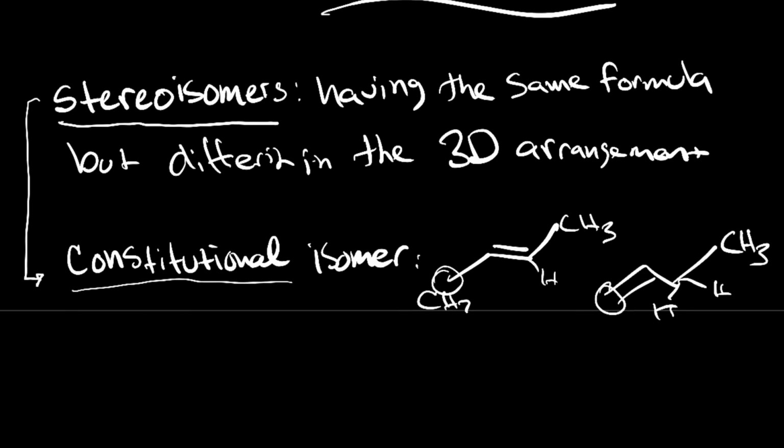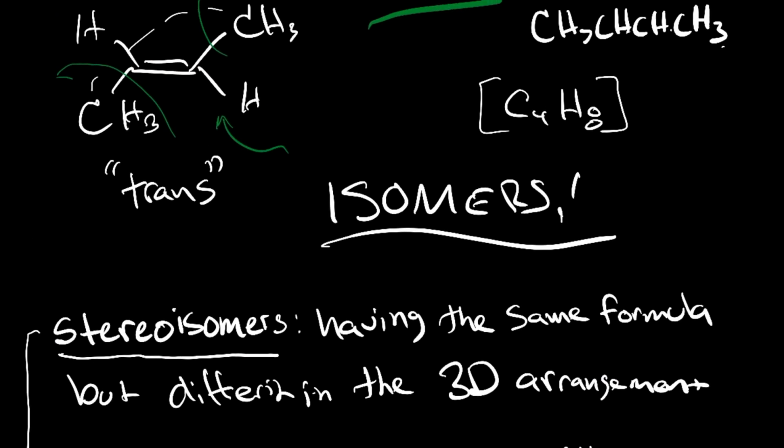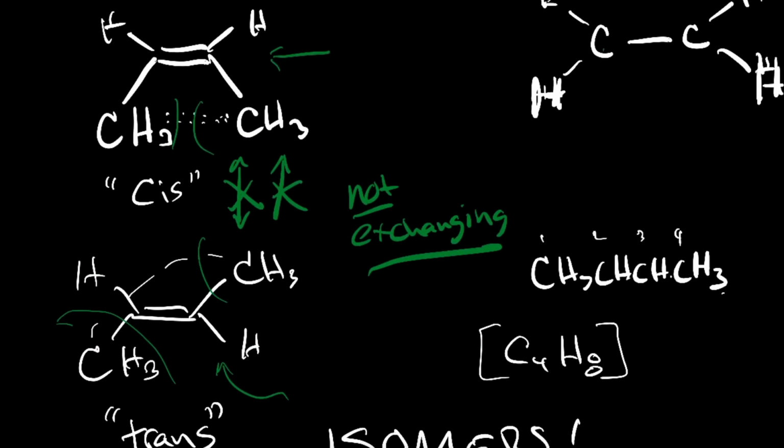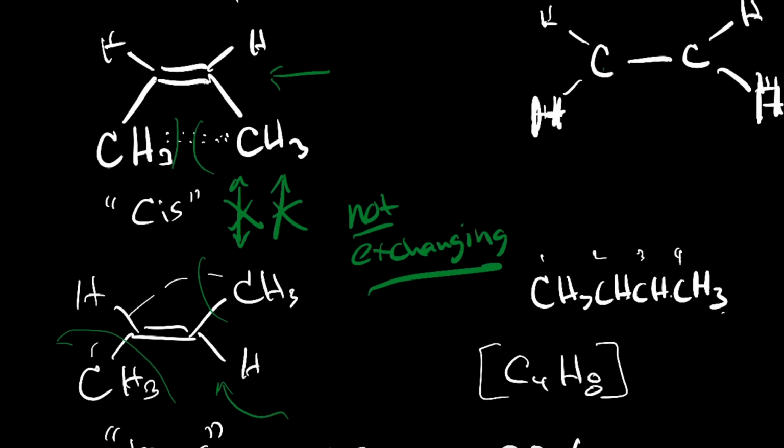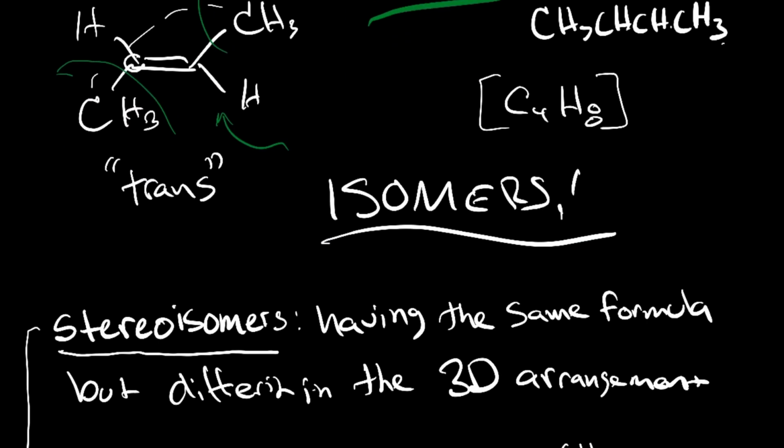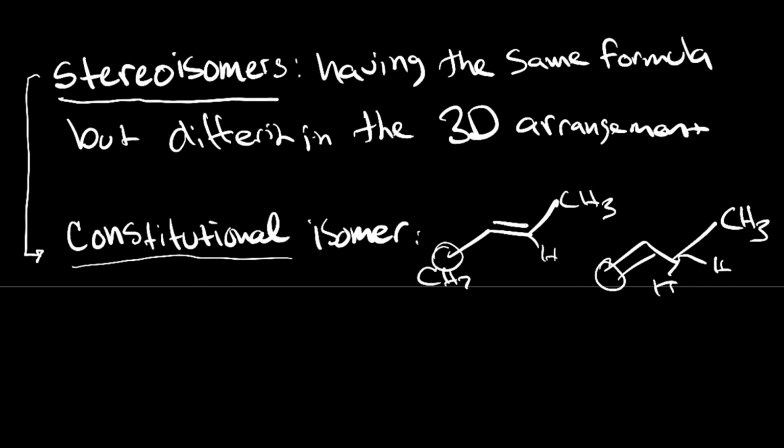In a stereoisomer, every carbon has the same number of constituents. This carbon still has one hydrogen and one carbon attached to it, just like up here. That's a bad example actually. That's one of the few parts of that molecule where they're actually very similar.